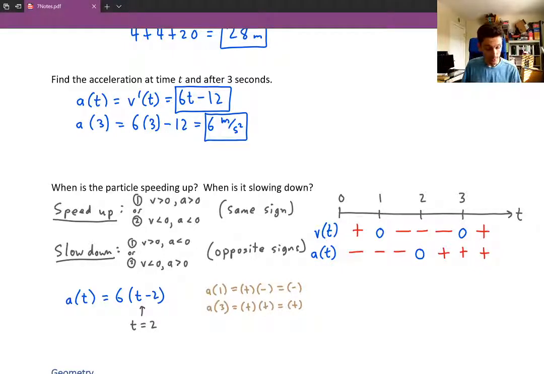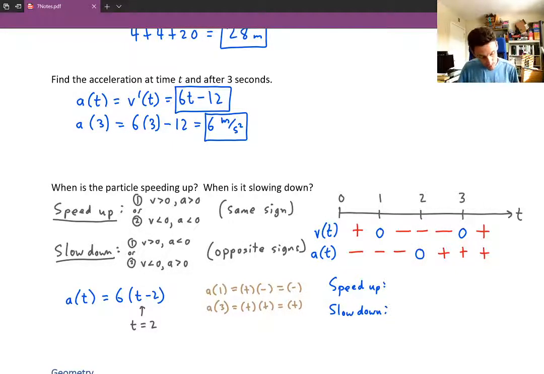Then from t equals 2 to t equals 3, velocity and acceleration have opposite signs, so they're fighting against each other, and that's going to slow the particle down. And then for t greater than 3, velocity is positive and acceleration is positive, so same signs, that'll make the particle speed up. Let's write down all of that here. Speed up, slow down.